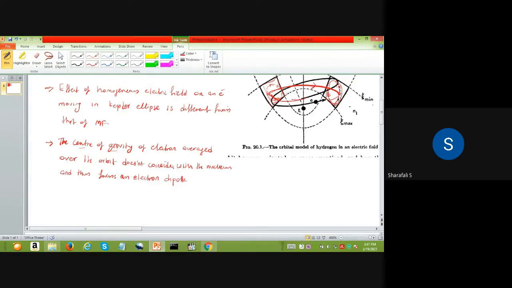Its orbit does not coincide with the nucleus and thus this will form an electric dipole.